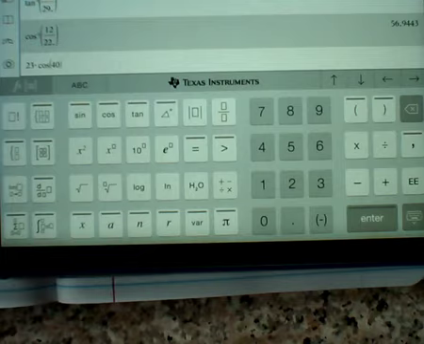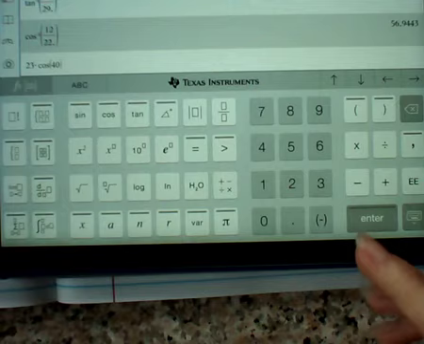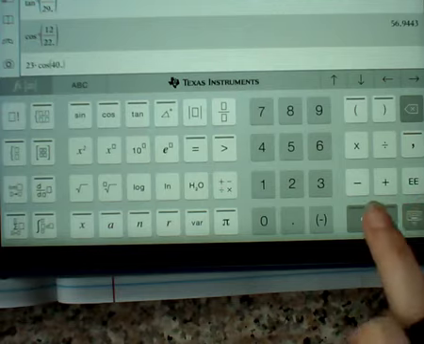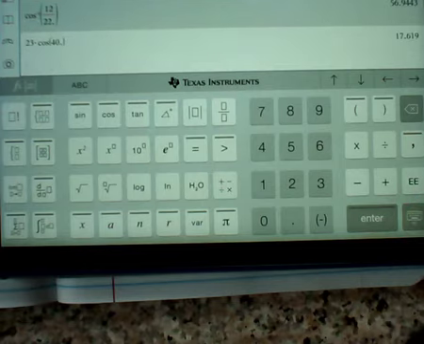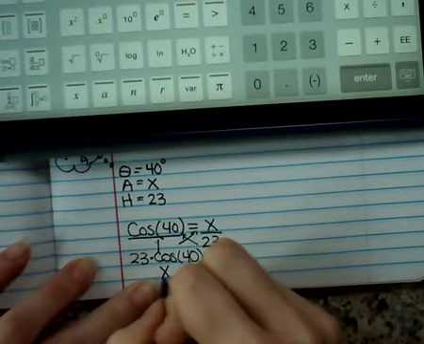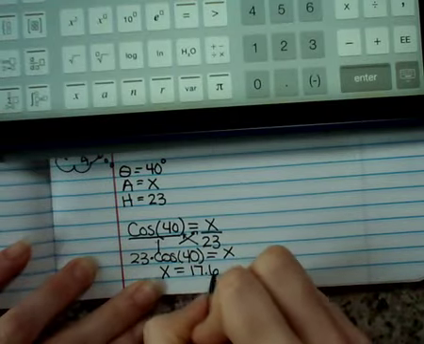And I have two ways that I can handle this so that I can get a decimal. I can either hit Control Enter, or I can just put a decimal after one of the numbers in my problem, and that will tell the calculator that I want a decimal answer. And so here it's telling us 17.619, and I'm going to round that to 17.6. So x equals 17.6.